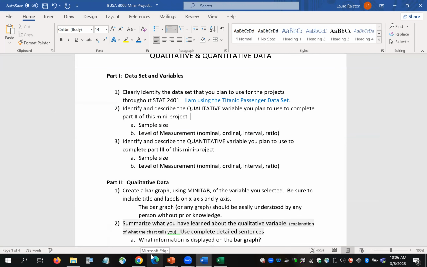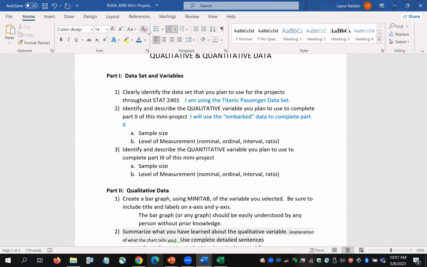Again, you're going to write a complete sentence. I will use the embarked data to complete part 2. And then I ask you, what is the sample size? And then what is the level of measurement of that particular data?